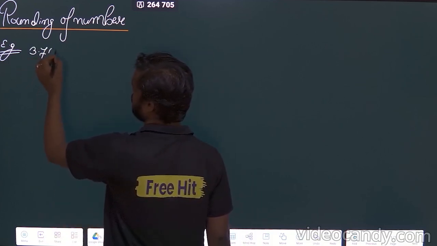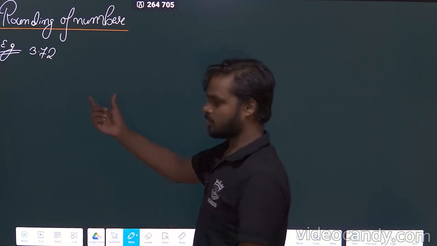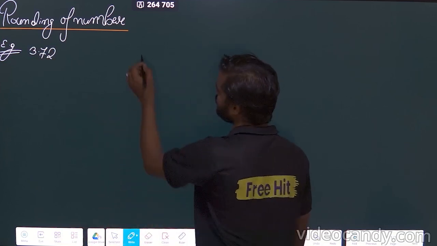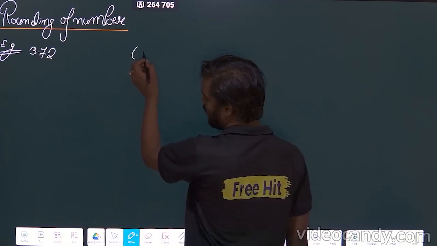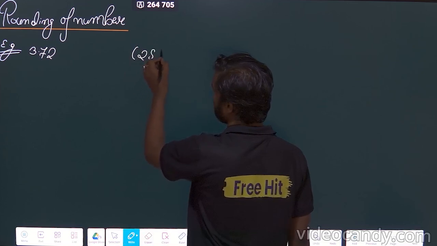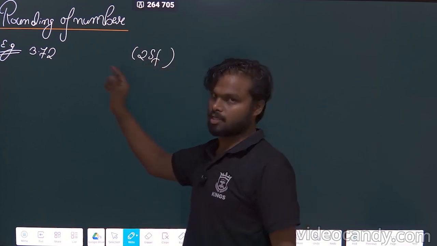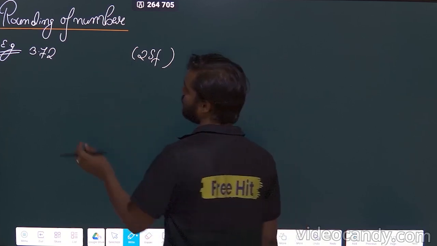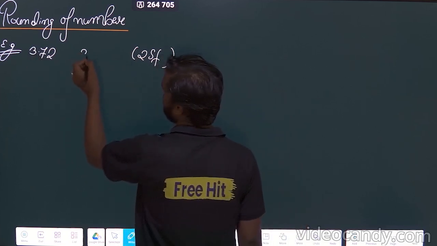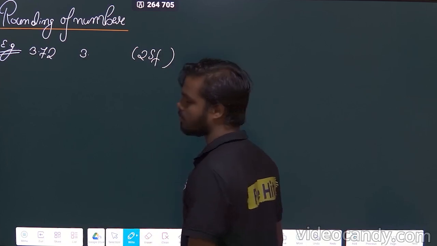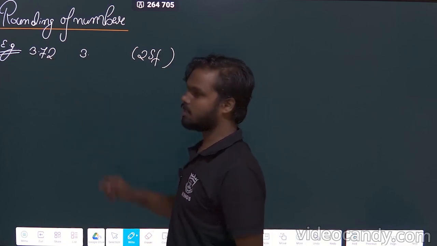Suppose this is 3.72, and I have to round off to two significant figures, meaning my result should have two significant figures. This 3 is one significant figure. Now you have to check the next digit.